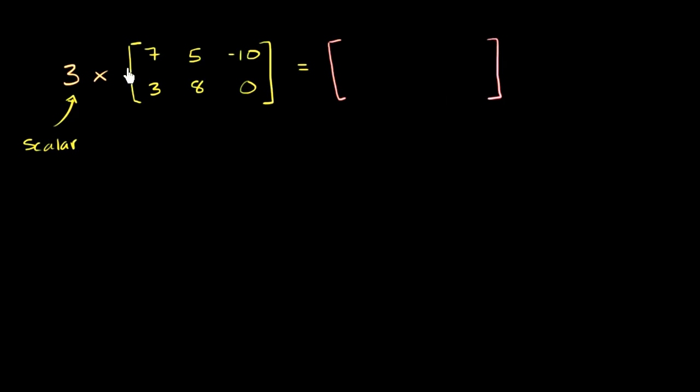So this is going to be equal to 3 times 7 in the top left, 3 times 5, 3 times -10, 3 times 3, 3 times 8, and 3 times 0. It didn't change the dimensions of the matrix, or the structure of the matrix, it just multiplied each of the entries times 3. So the top left entry is now going to be 21.